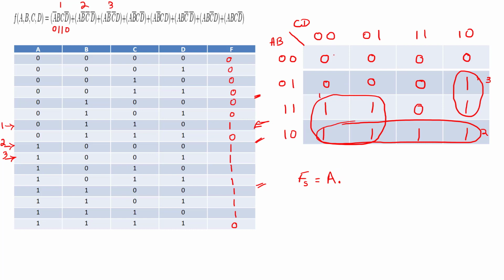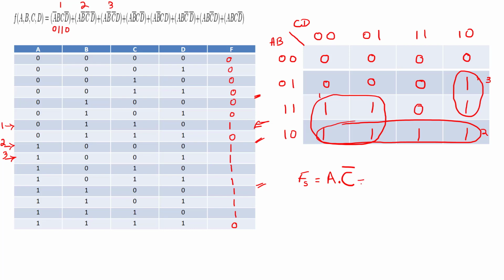So I look at variable c and d. Since this group spans these 2 columns over here, I will look at the values of c and d. So c is 0 here as well as in the next column, whereas d changes from 0 to 1. So I throw away d and keep only c. But c is 0. So remember, whenever we have a value of 0, we will bar it.